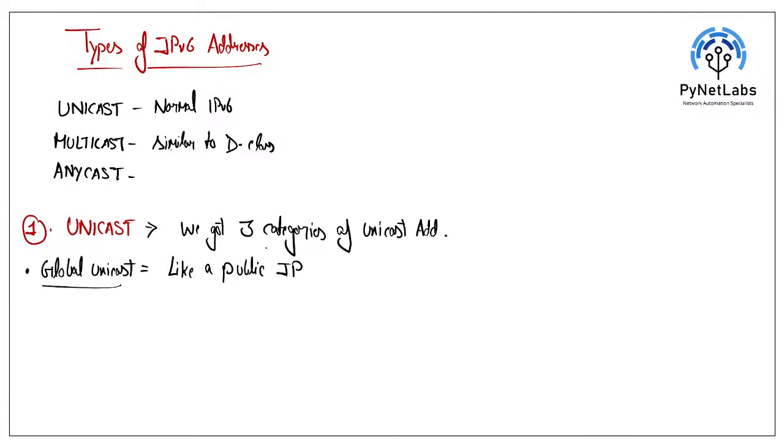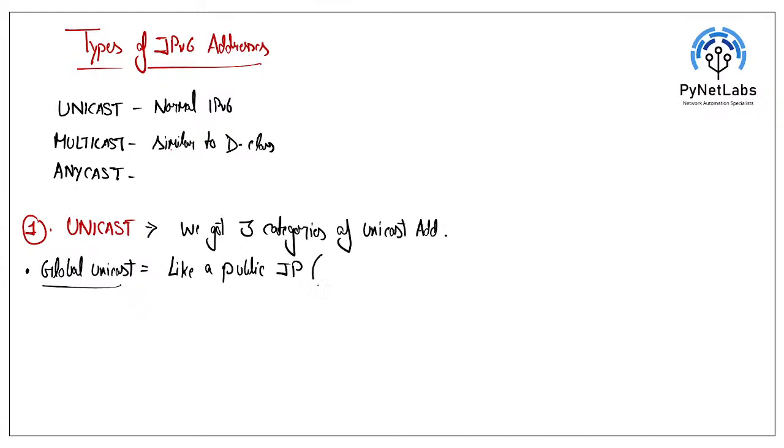When I say it's more like a public IP, how are you going to identify that? Is there any range, any specification, like in IPv4 where we can identify that an IP belongs to A class, B class, C class? So here there is a range which is reserved by IANA.